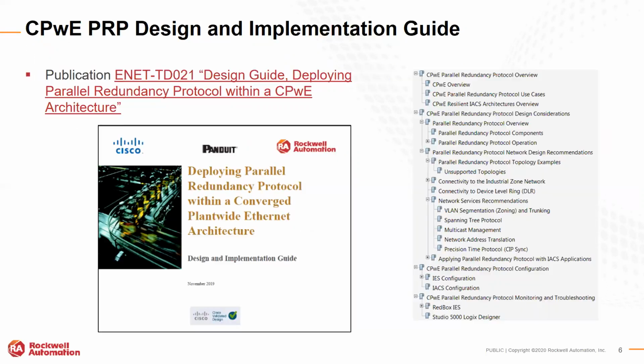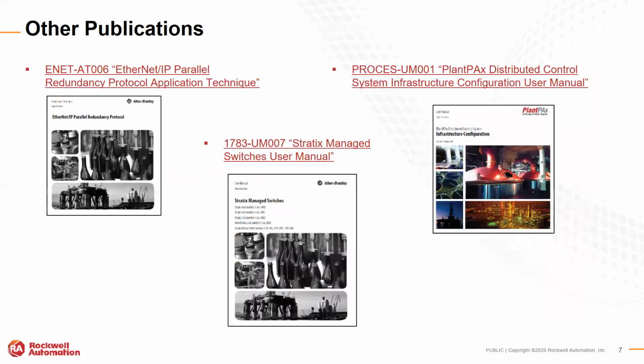This guide has a lot of information on how to use it and configure the network. And just to let you know, there are 2 additional documents we have access to. And those would be the Parallel Redundancy Protocol Application Technique, the Distributed Control System User Manual, and the Stratix Managed Switch User Manual all have information on Parallel Redundancy and how to set it up in the switch.